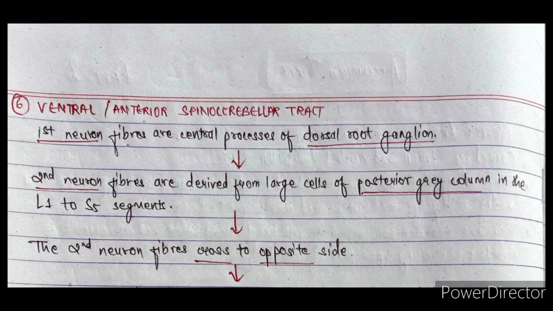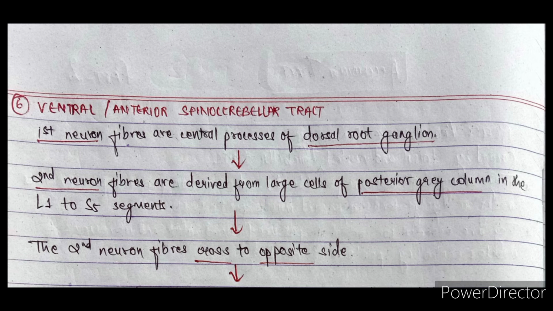Now let's study the ventral or anterior spinocerebellar tract. When the fiber receives sensations, it travels to the dorsal root ganglion, which is the first order neuron, and these are the central processes of the dorsal root ganglion. After relaying in the dorsal root ganglion, these fibers travel to the second order neuron, which are derived from large cells of posterior gray column in the segment L1 to S5.